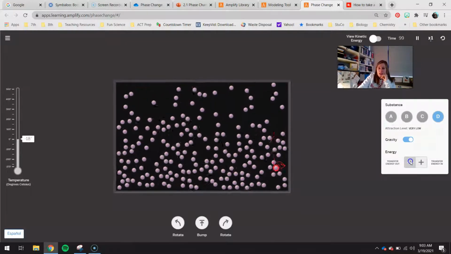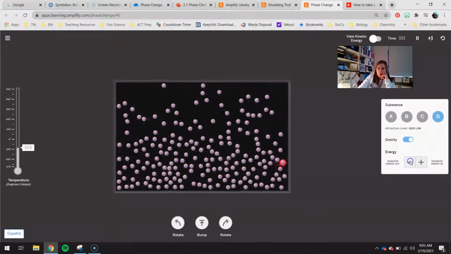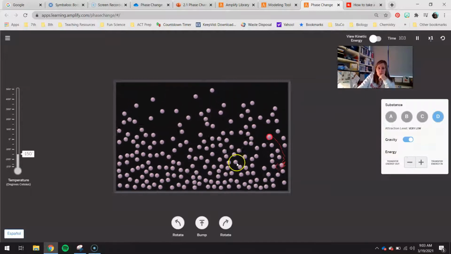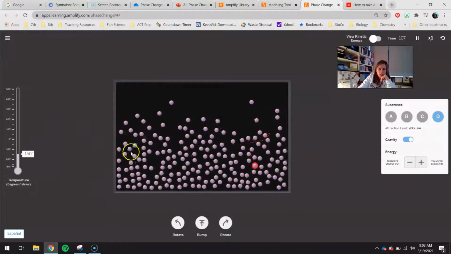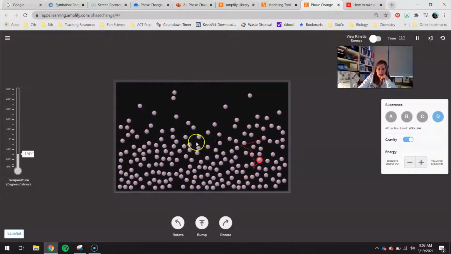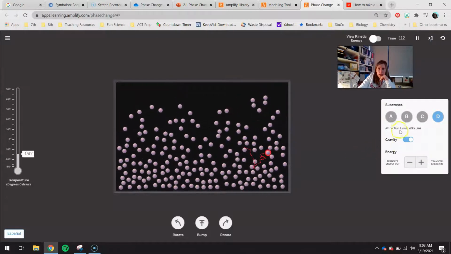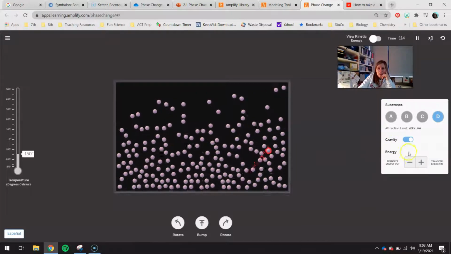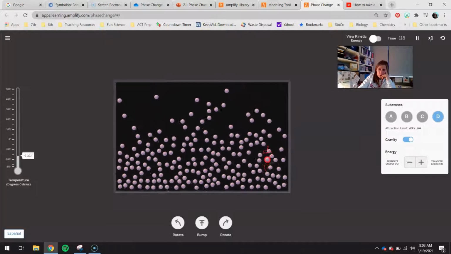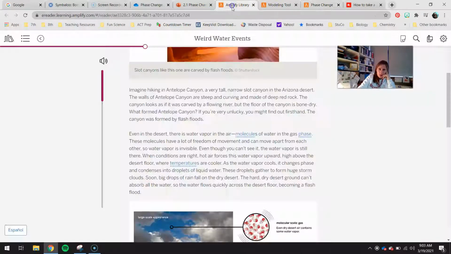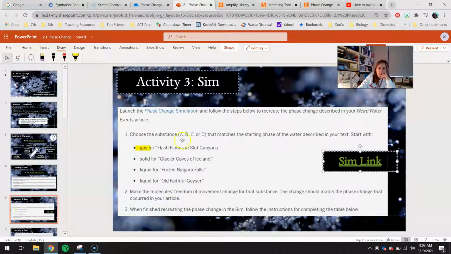So we're going to drop our energy down, which, as you note, is dropping our temperature down as well. And what we're going to see is now our substance is at the bottom of our container, so it is now acting as a liquid, and we can either take it down a little bit further to see what that would look like at a cooler phase. Okay, so that's what you guys are doing in the sim for this, modeling those 4 things.